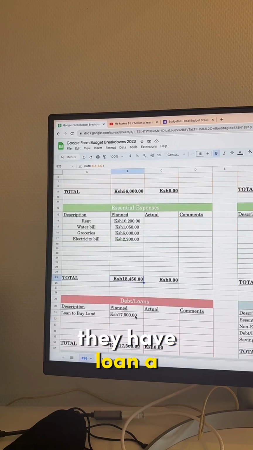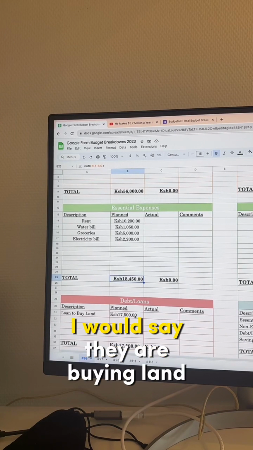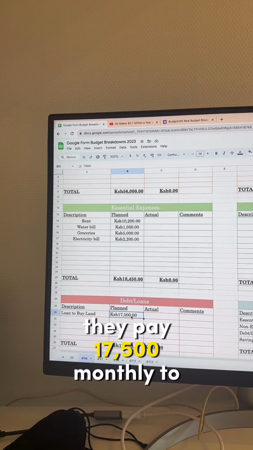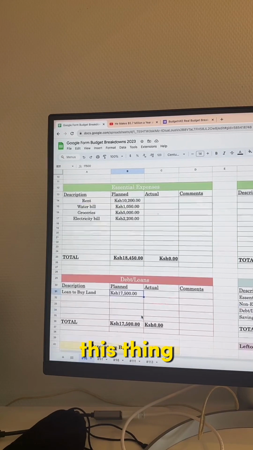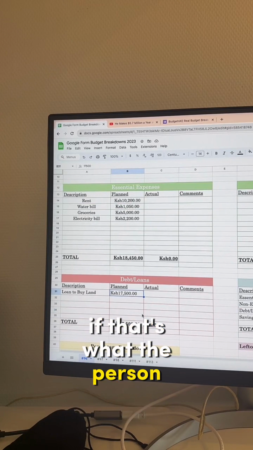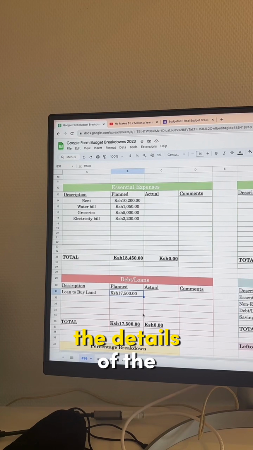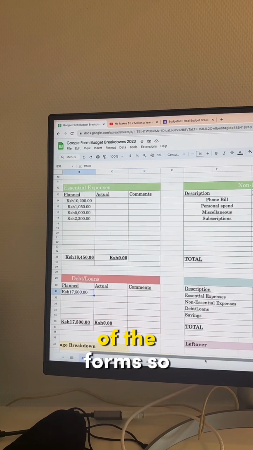They have a loan, not a personal loan, an investment loan, I would say. They are buying land, so they pay 17,500 monthly to this. I think it should be a Sako loan if I'm not wrong, if that's what the person described. I kind of have a memory of some of the details of the forms.